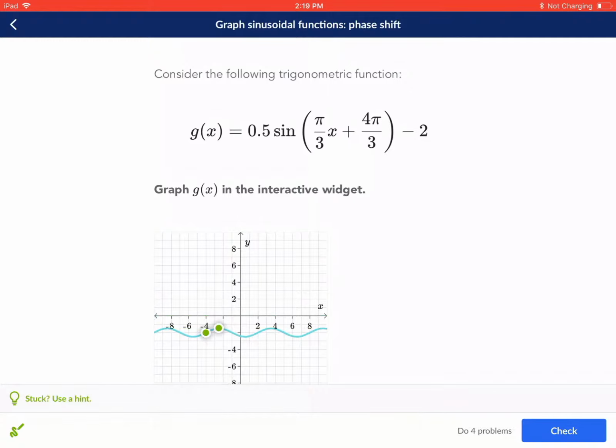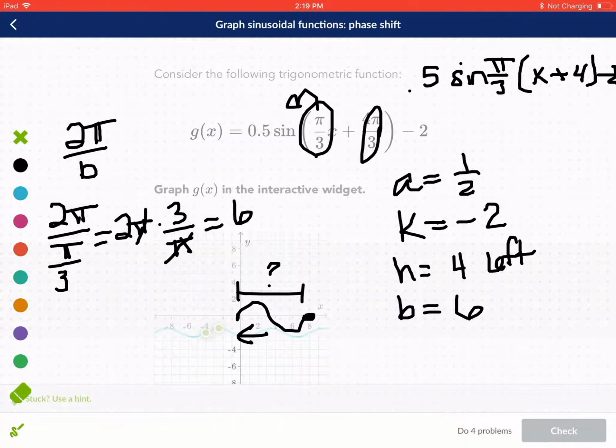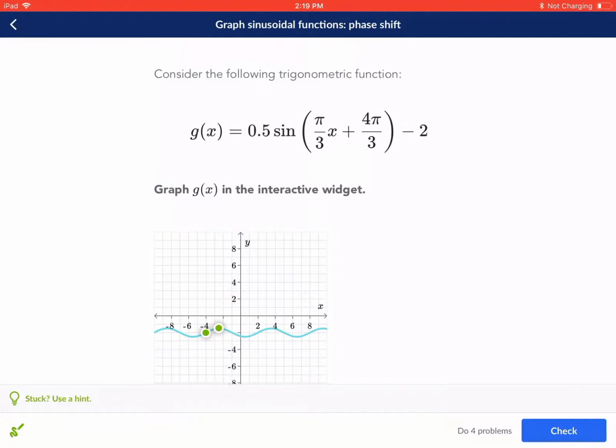I'm going to erase some of this stuff so we can see that from this point right here, we go up and back down and back to the middle, we've got to make sure we end at 2. So this is kind of like playing around here to make sure that we're back at 2.